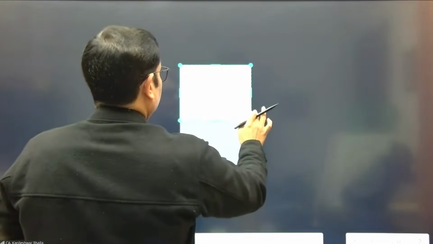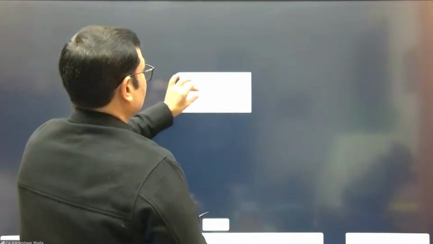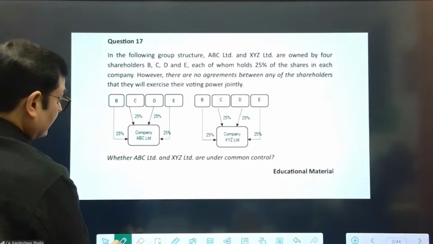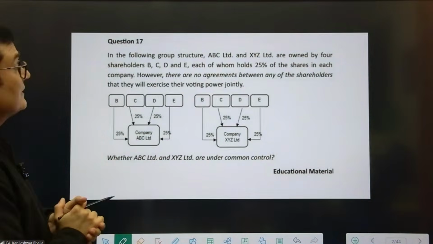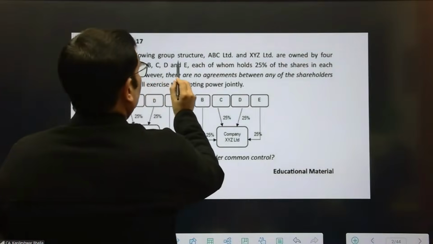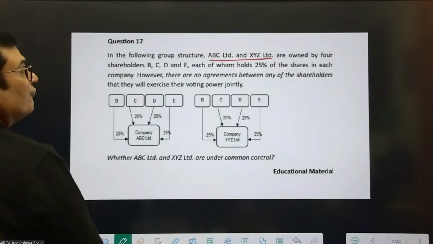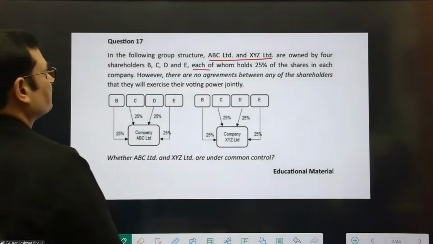So let's have a look at another question, an extension of the same one. The facts are exactly the same. Now let's see further inputs in this case. It says, in the following group structure, ABC and XYZ are owned by 4 shareholders, each of which has 25%, same facts.